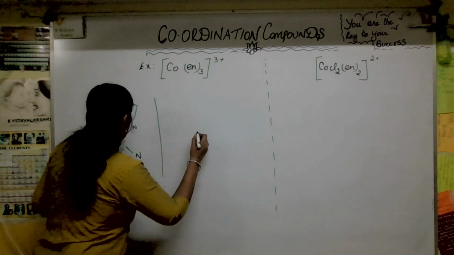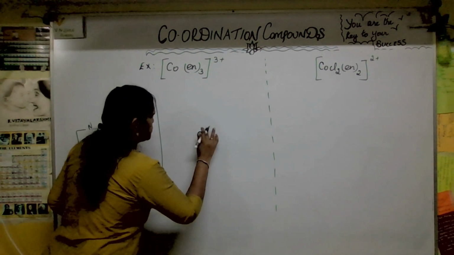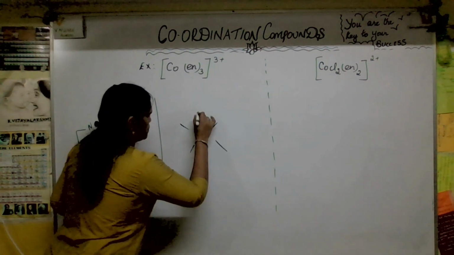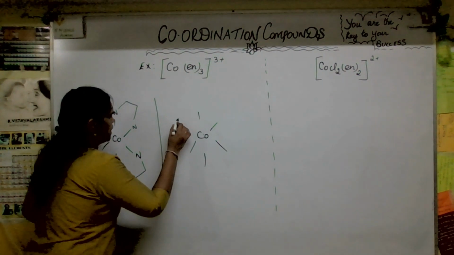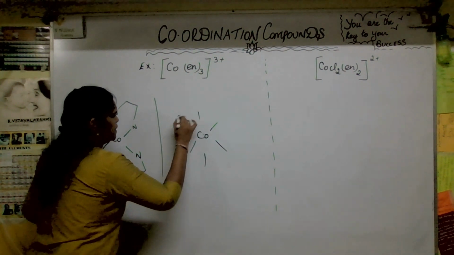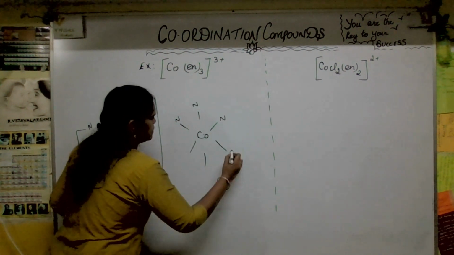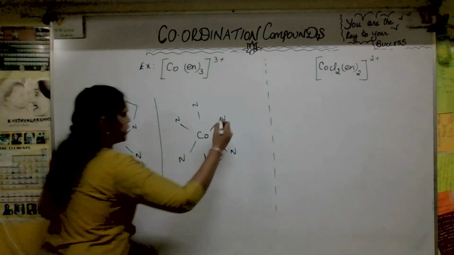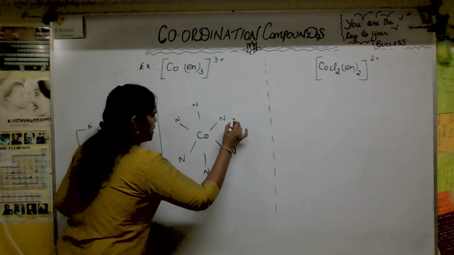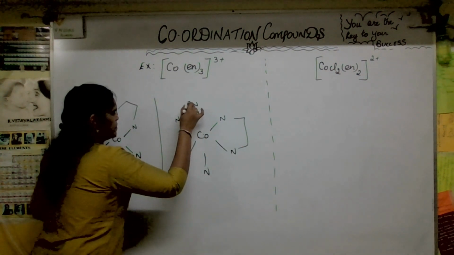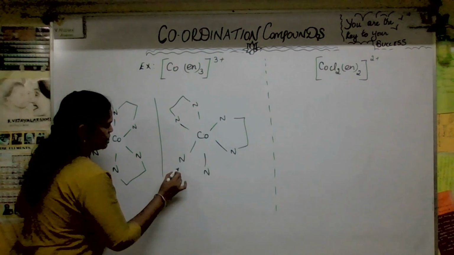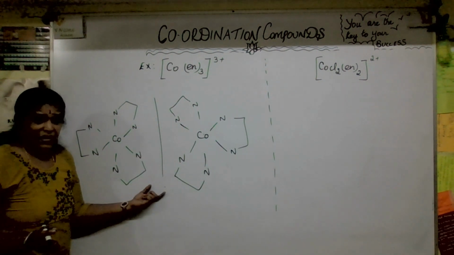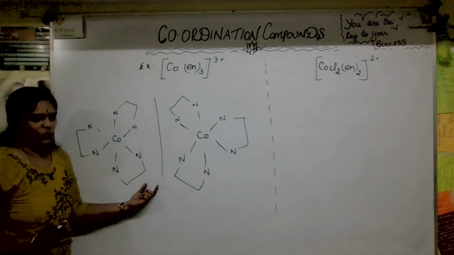Now the same way Co, and this also N and N. The same idea we follow. See here, actually both are mirror images. Like this it will be there.